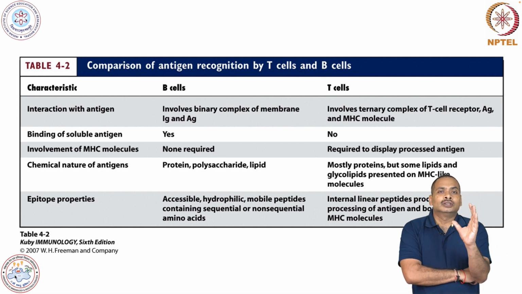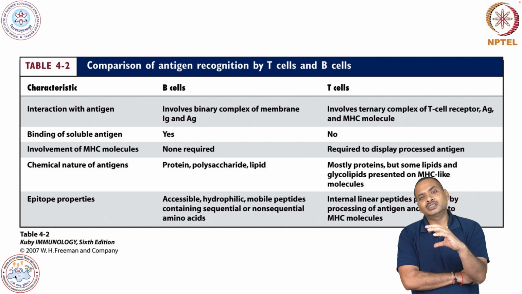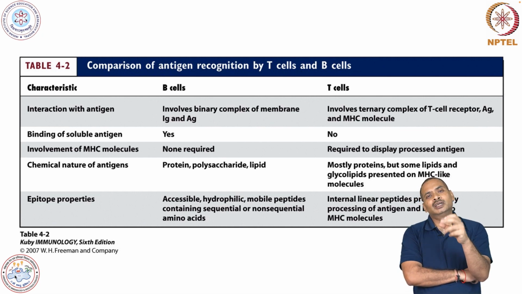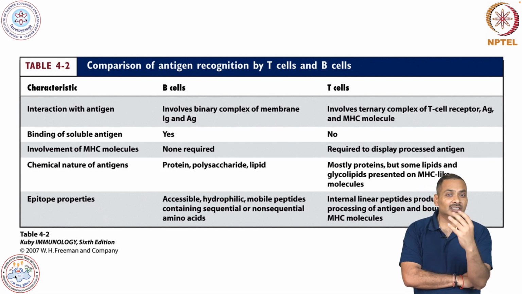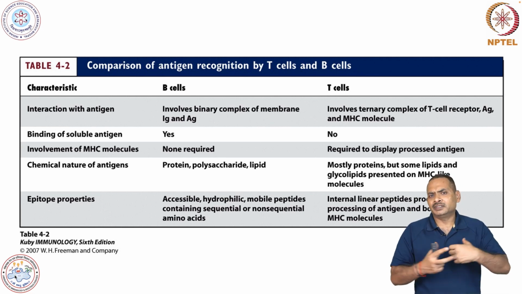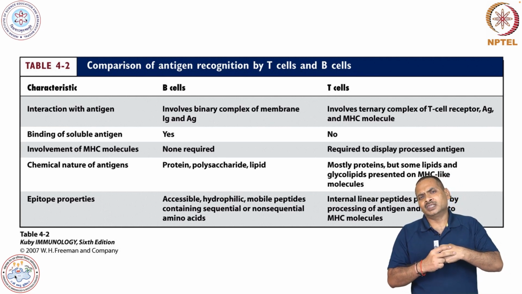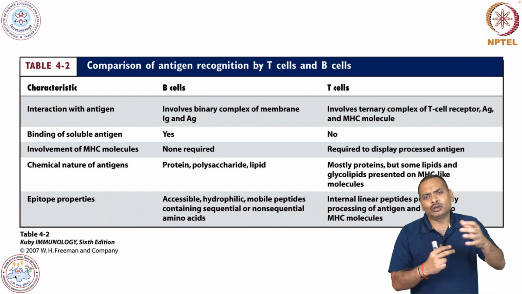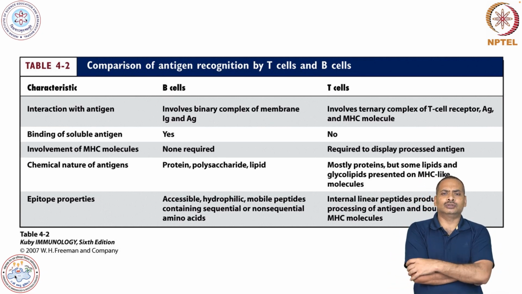So these B cells have an antibody which is membrane bound, and this membrane-bound antibody is recognizing the native antigen. This is a simple binary interaction. There is no involvement of another molecule.